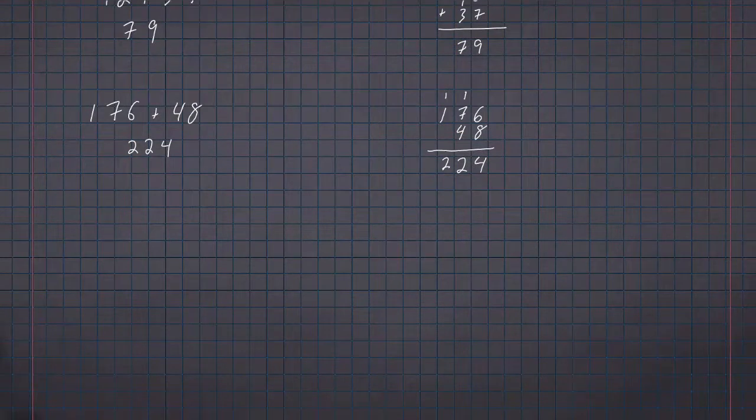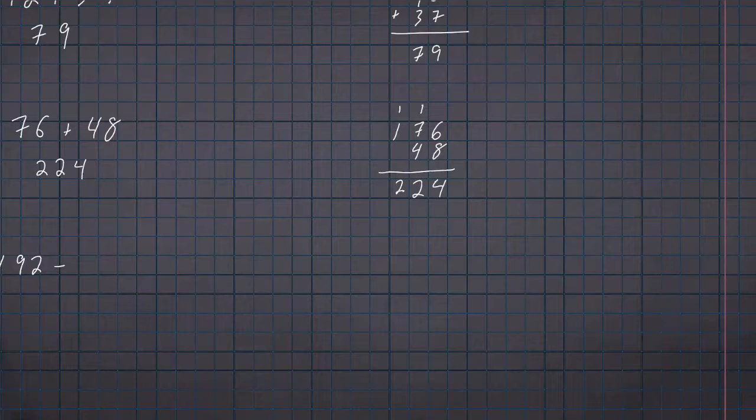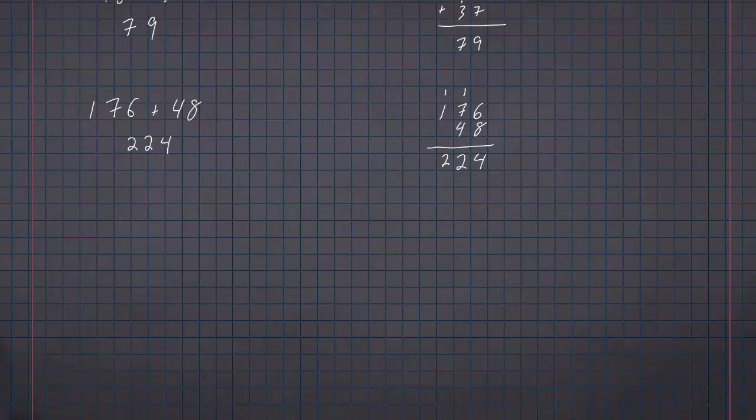Subtracting works fairly similarly. If I have 197 minus 52, I can set that up column-wise as well, and subtract column by column. 7 minus 2 is 5. 9 minus 5 is 4.